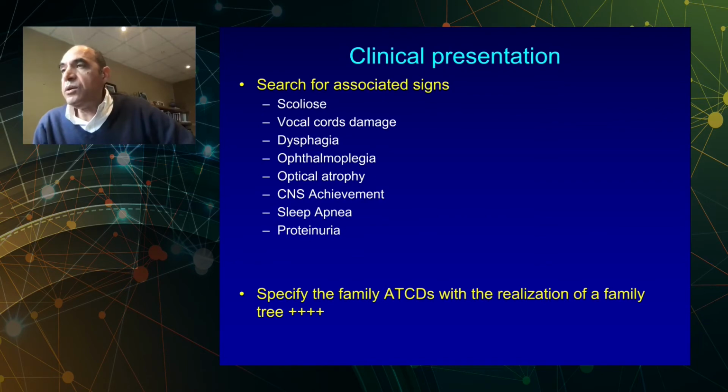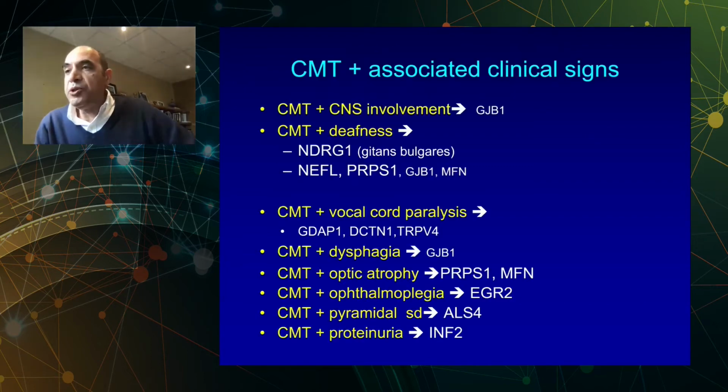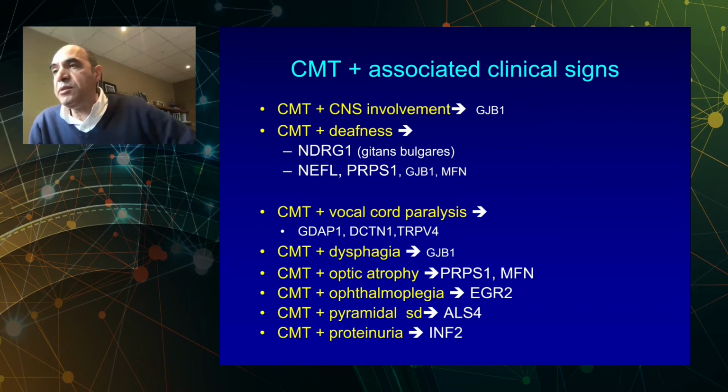So, as I told you, in the clinical presentation we also search for associated signs in order to facilitate the search for genes and discussion with geneticists. For example, if there are central nervous system signs present, we search for CMTX, or deafness for these genes, or vocal cord paralysis for these genes, and so on.